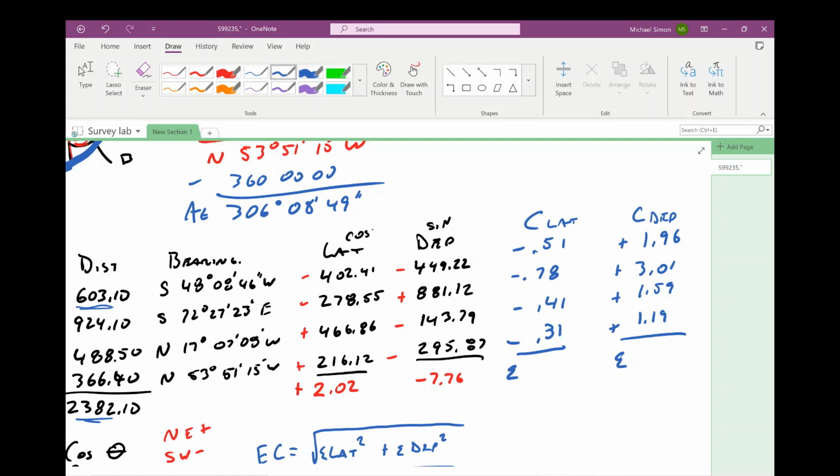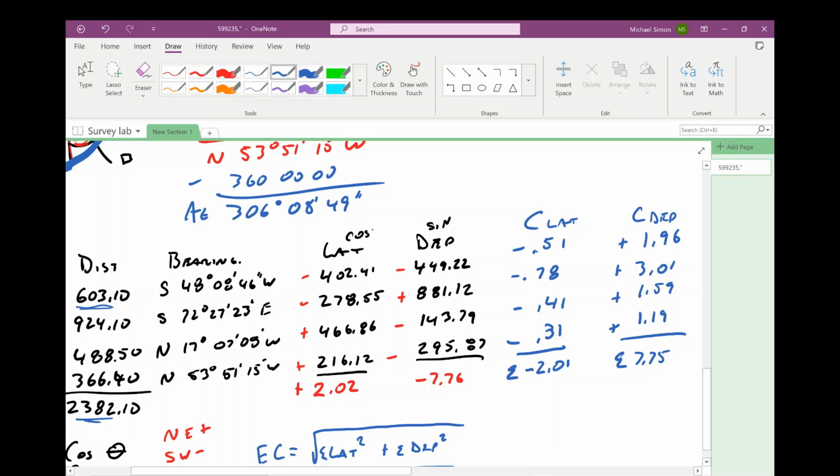Let's try again. 0.51 plus 0.78, 0.41, 0.31, negative 2.01. Okay, we're still not there, but we're close. 1.96 plus 3.01 plus 1.59 plus 1.19, 7.75.